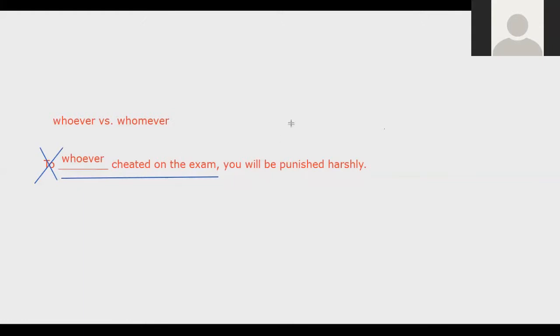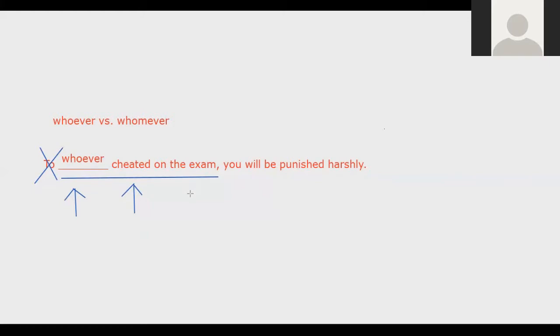Because remember, a clause has a subject and a verb. Well, usually. And you can see here that the subject is whoever, and cheated is the verb, and on the exam would be an adverb phrase. So here, we need to use whoever because, again, whomever can't be the subject.